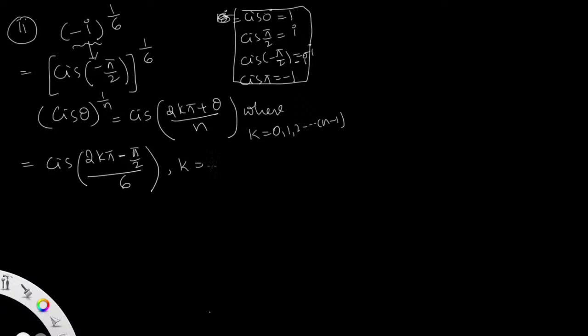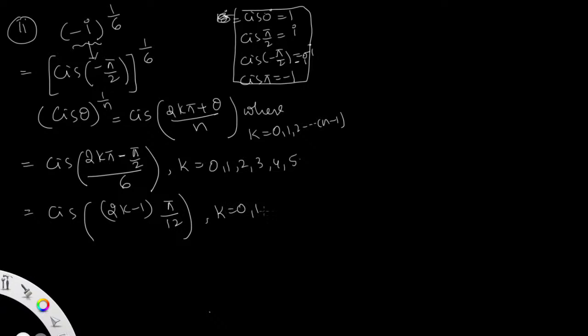How many values does it represent? 6 values, k = 0, 1, 2, 3, 4, 5, so the total values are 6. Now the simplified form is cis of (2k − 1) into π/12, where k = 0, 1, 2, 3, 4, 5.